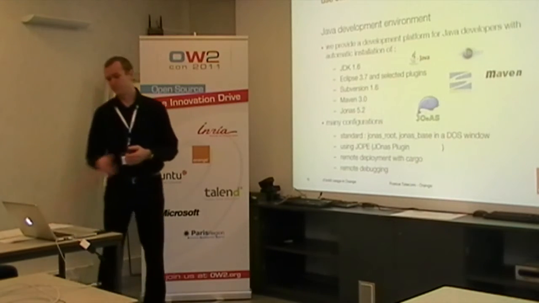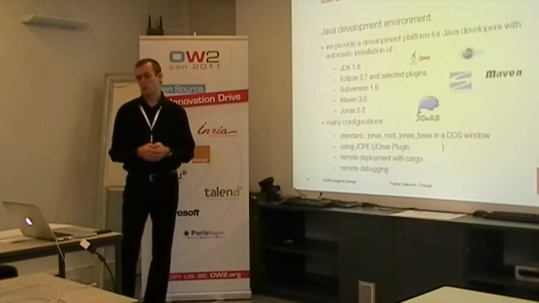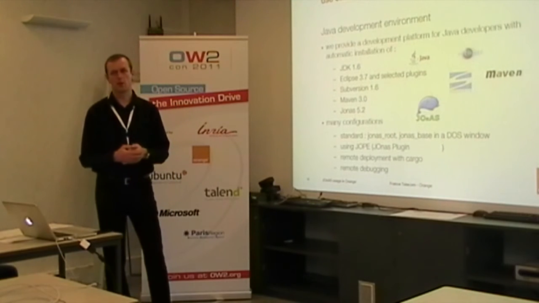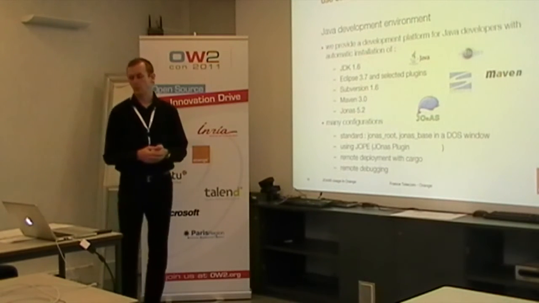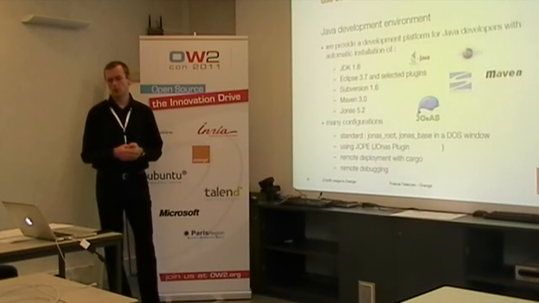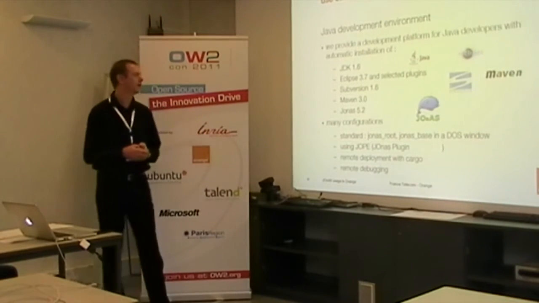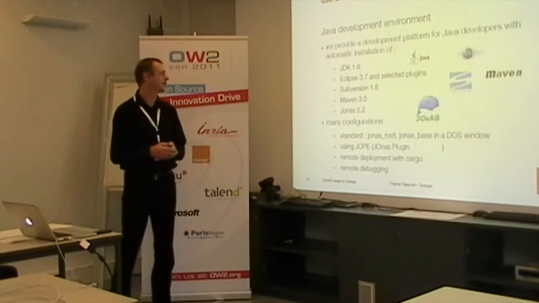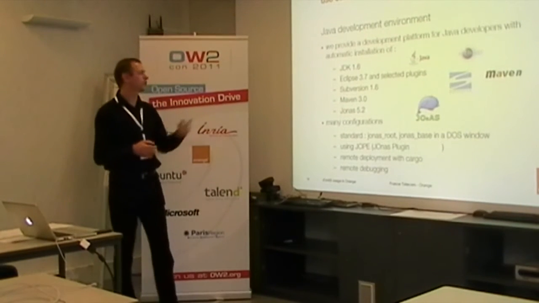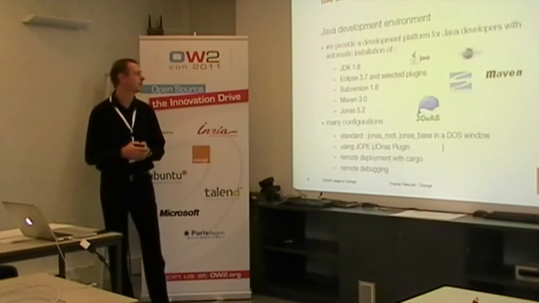Two use cases in development. So a new developer comes within a project. We provide him a development platform with automatic installation of a lot of things. JDK 1.6. It's not OpenJDK in this case, it's the Oracle JDK.